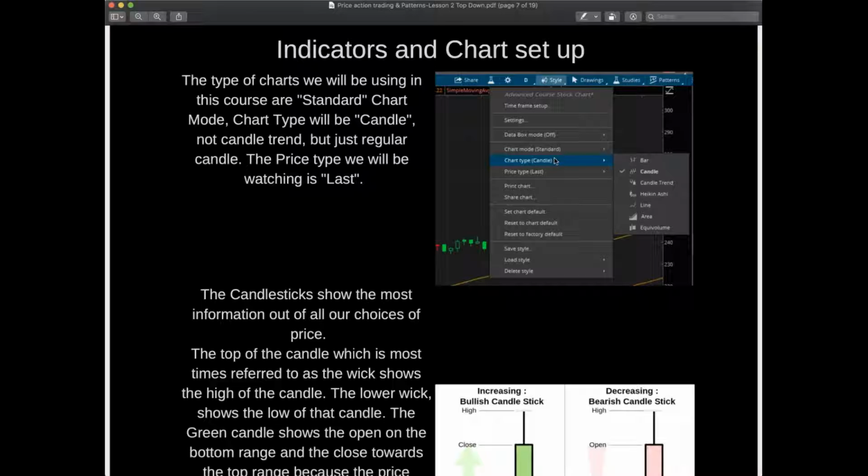You don't want standard mode. You want candle mode. So you go into style, go to chart type, and go candle. Not the candle trend, just a regular candle.